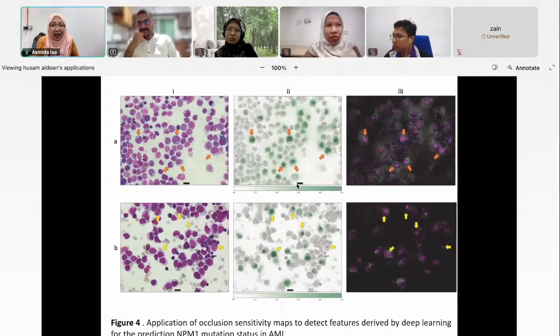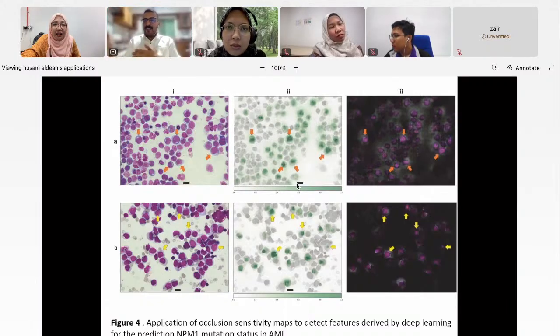I don't know. In your experience, Husam, if hematologists see an image like this, can they say that this is an NPM1 mutation, yes or no? You're asking if I am a hematologist, can I classify it as NPM1 mutation or not? Yes, they see this staining and then say this is an NPM1 mutated cell.